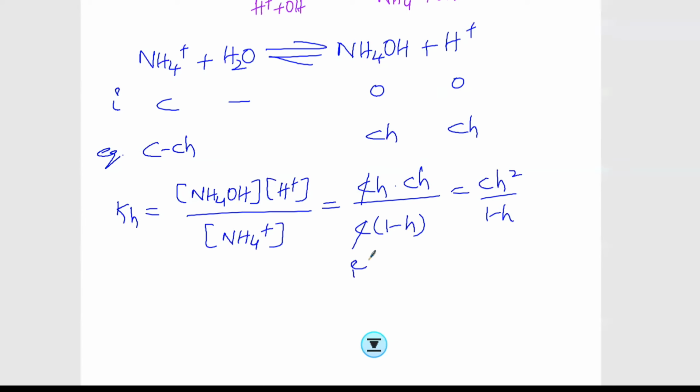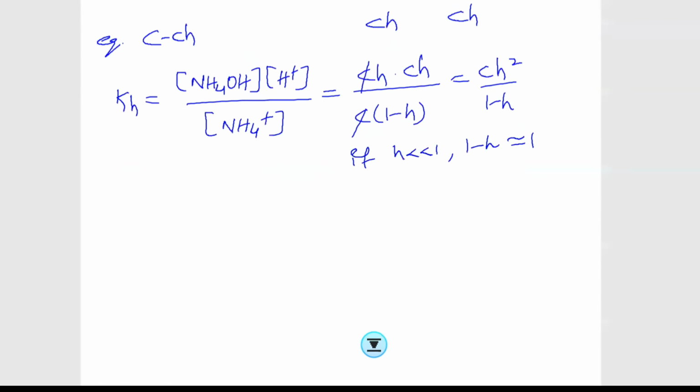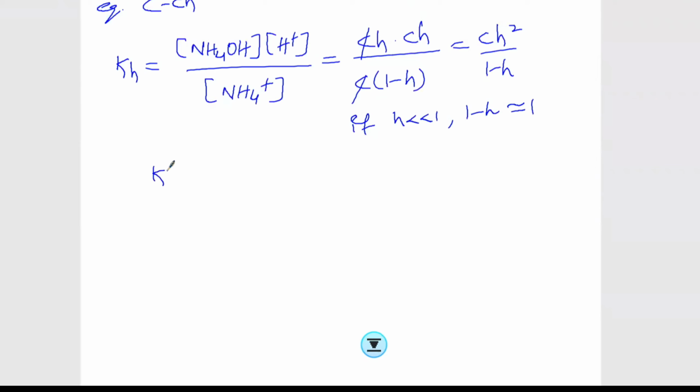If the degree of hydrolysis is very small, that is h is much less than 1, then we can write 1 minus h is nearly equal to 1. At such times, Kh will be equal to Ch square.